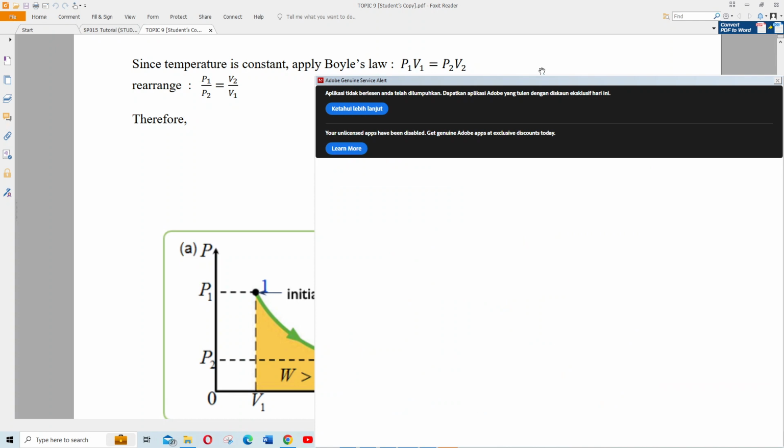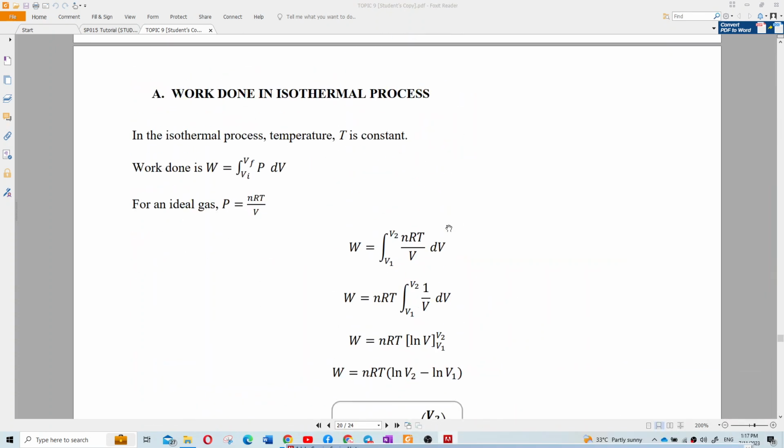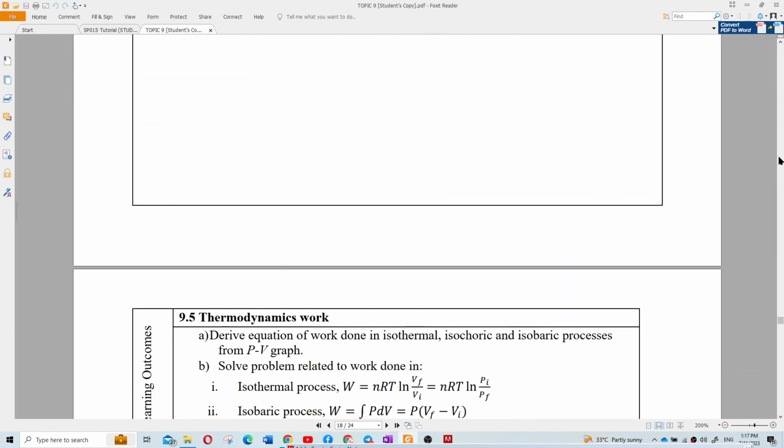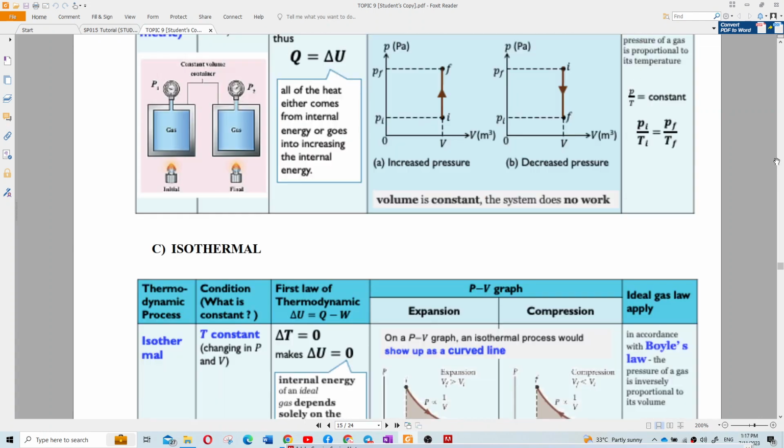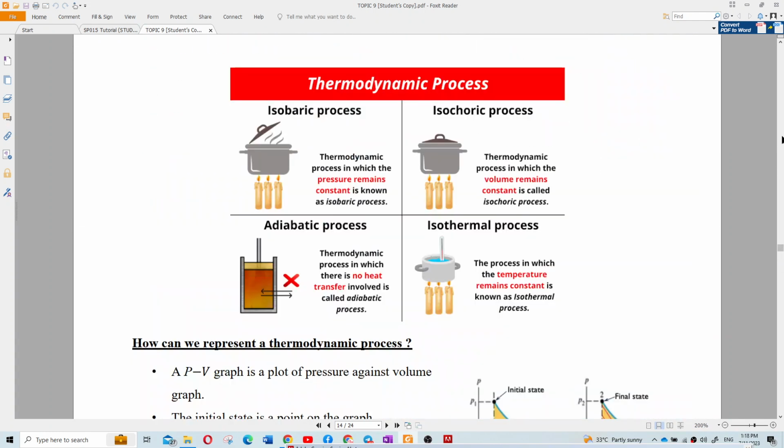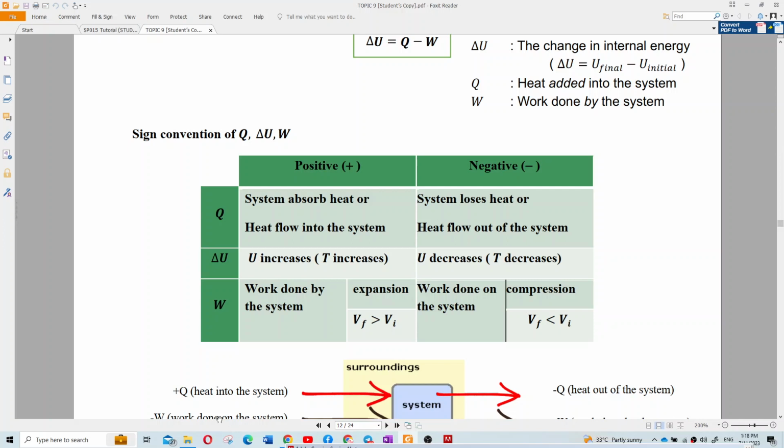So is this work done positive or negative? Yeah, work done is positive or negative? Yeah, forget already. Mustn't forget. Work done by system, work done by gas expansion. So work done positive.